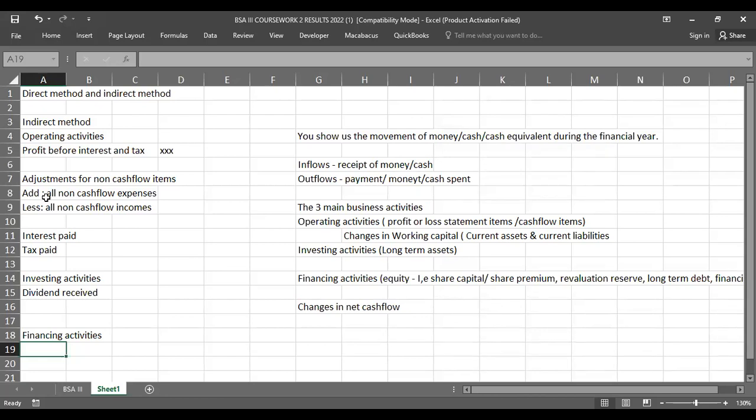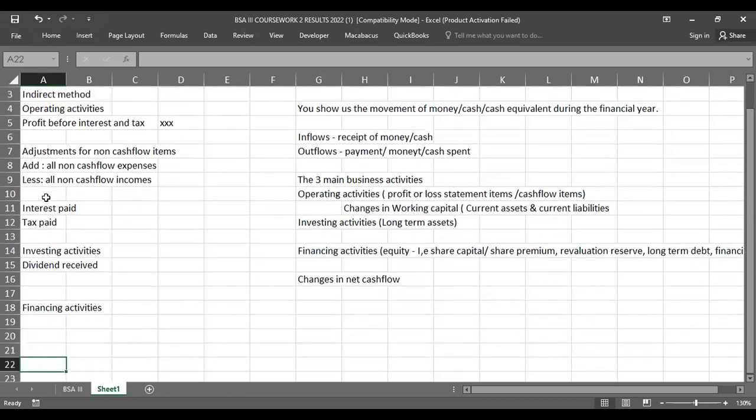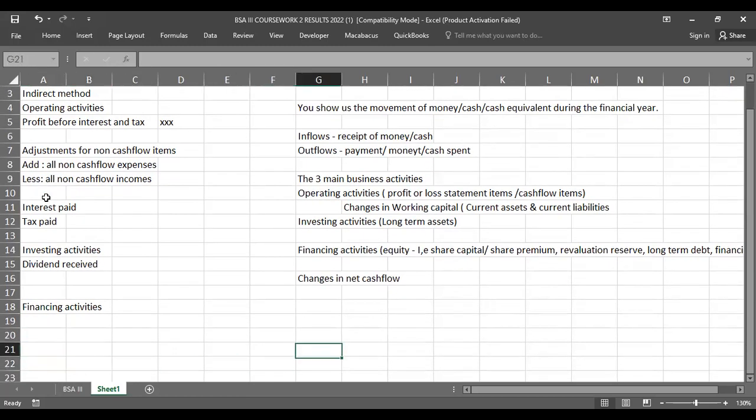Now let's look at the question, because this is basically what you look at, and maybe to emphasize the part of movement, the changes. It is supposed to get the cash and cash equivalents, which usually are under current assets and current liabilities.